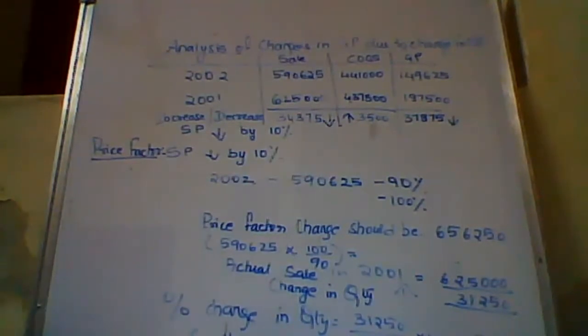Okay, so till here did you understand? Are there anyone who didn't understand till here? Ma'am, can't we do like that? Like how? 6,25,000 is equal to 100%, ma'am.